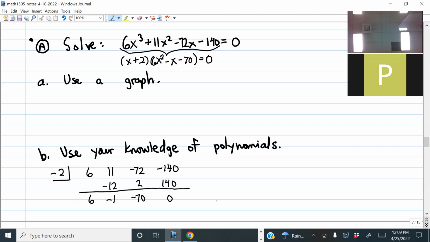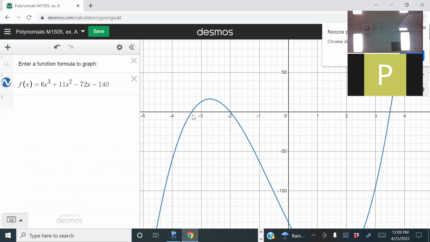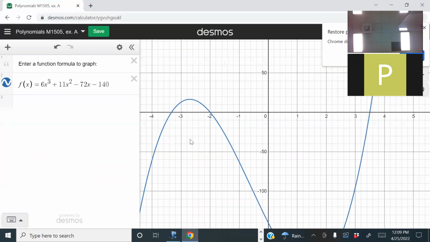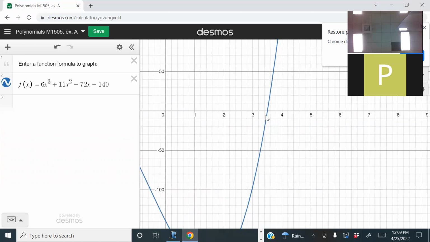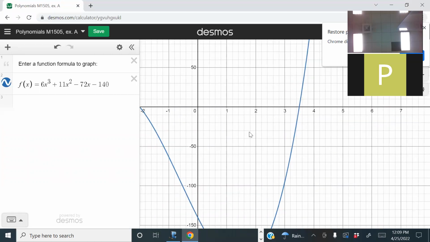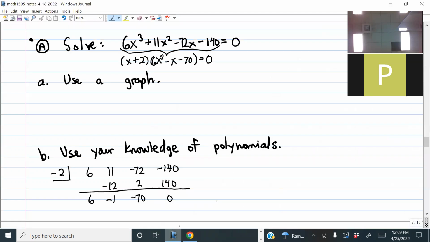Now there's two other x-intercepts; we saw them in the graph, right? One is right there, a little bit less than -3, and then another one a little bit more than +3. They don't look like they're going to be whole numbers, but how do we find them? Well, try to factor this.